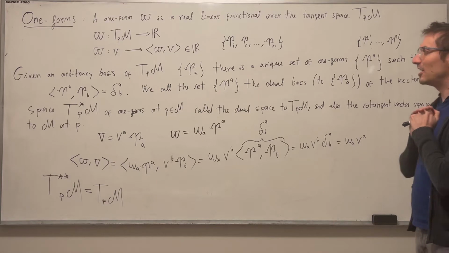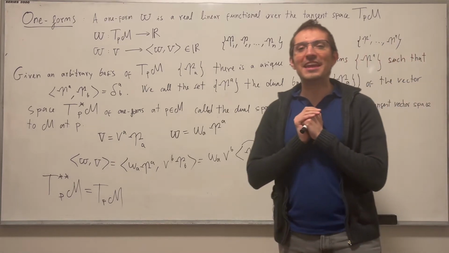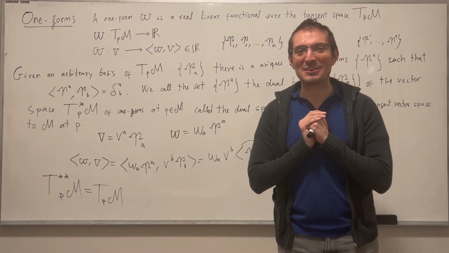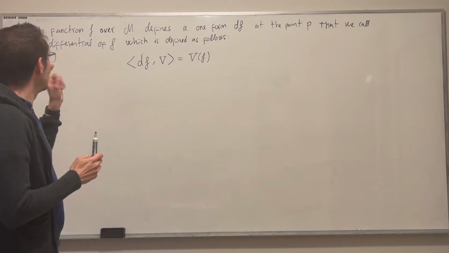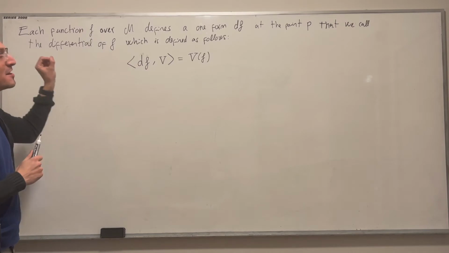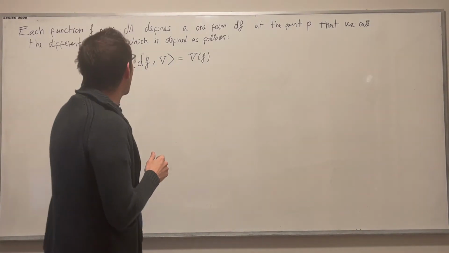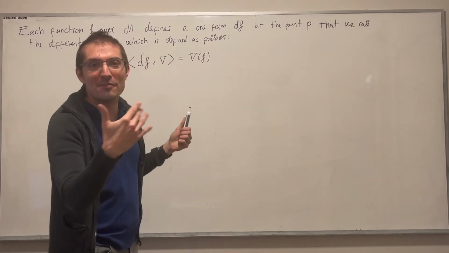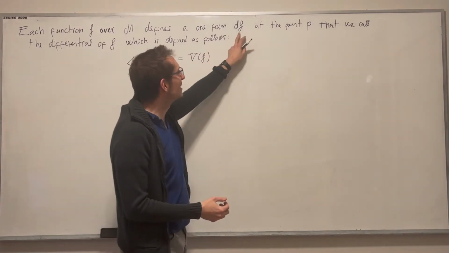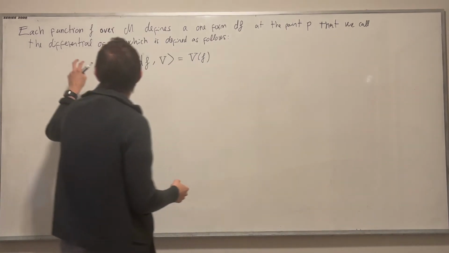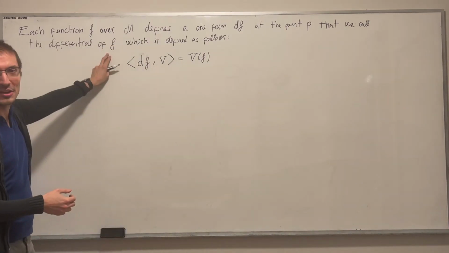I hope it's clear. Let's now get to a very interesting one form that you may recognize from previous calculus courses. Notice that each function f defined over the manifold can be used to define a specific one form that I'm going to call df at the point P, the differential of the function f.